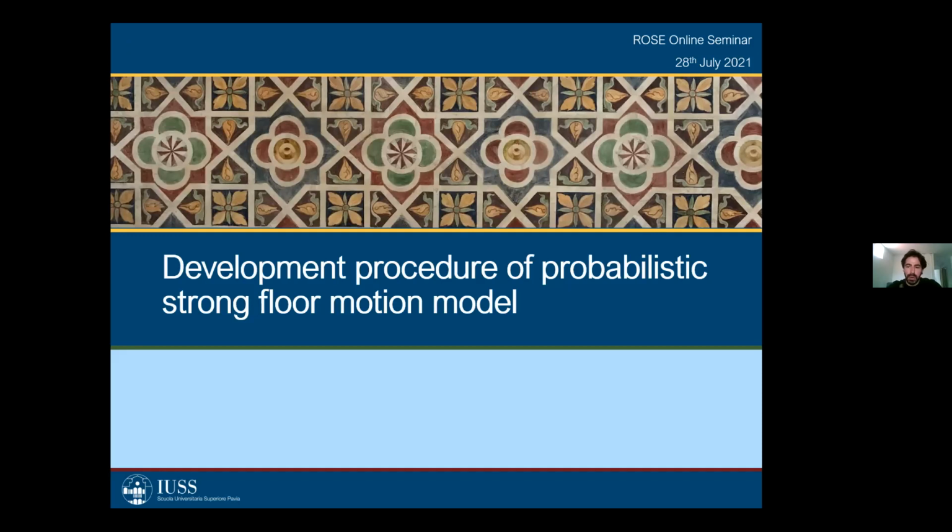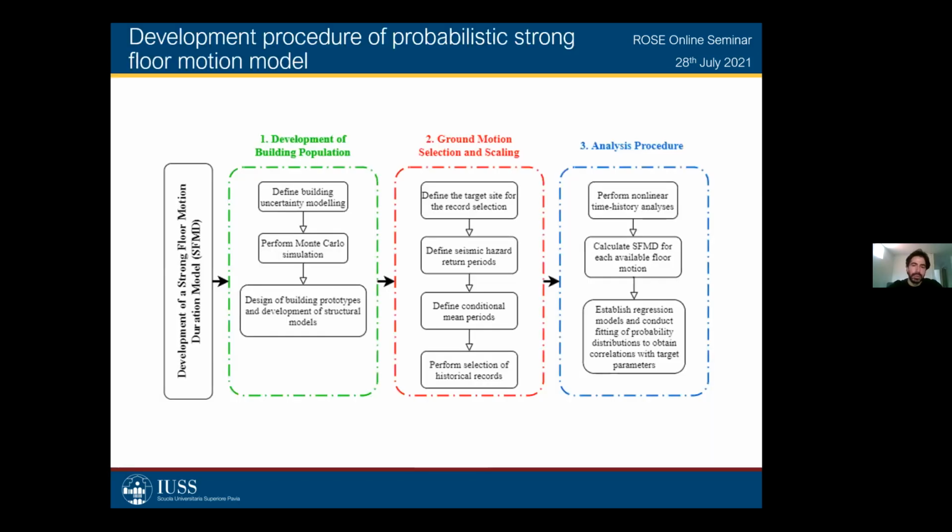So, development procedure of the probabilistic strong ground motion duration model. What you're seeing here is a flow chart that summarizes the procedure we follow to develop this probabilistic model. It can be divided into 3 phases. The first one is called development of building population, which is the development, as the name says, of the building portfolio that we considered for the evaluation of the strong ground motion duration.